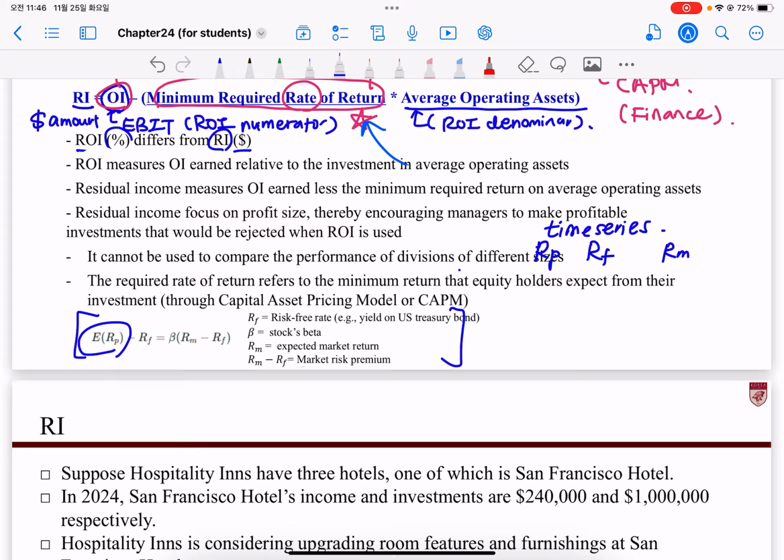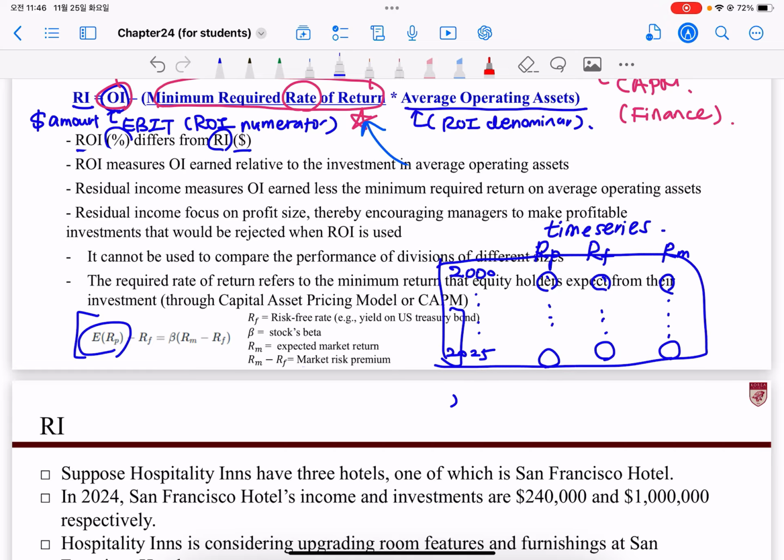So let's say you start from 2000 to 2025, and you already have all these numbers because they're past numbers, right? So after gathering these numbers, what do you do? You can do an estimation. You can estimate, say, using a regression model. Regression model will give you the beta estimate. Okay? So the beta estimate is what you want.